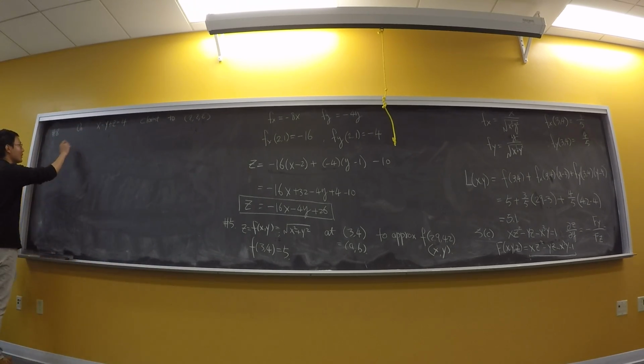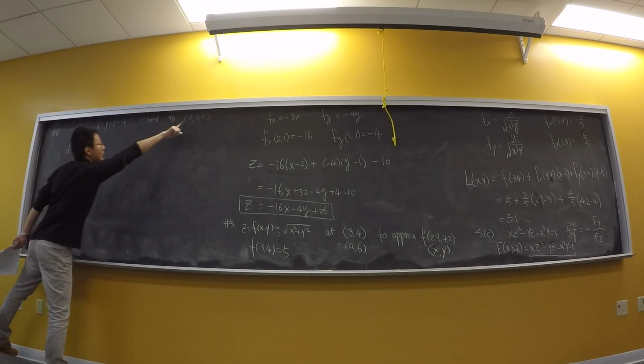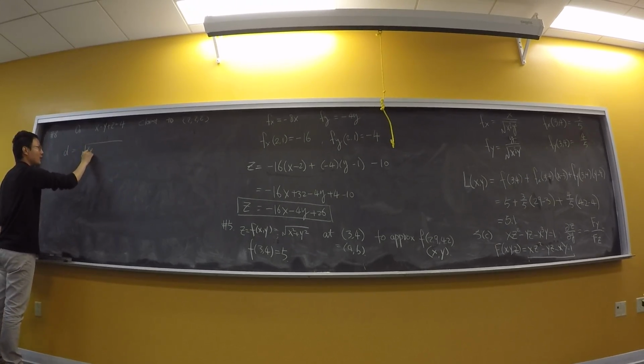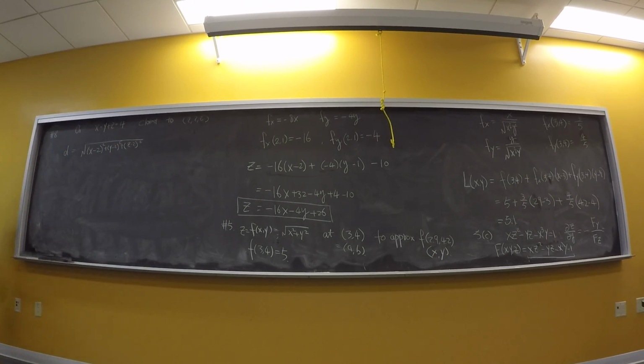So regardless, the distance between a point and this point 2, 2, 2 is going to be equal to the square root of (x minus 2) squared plus (y minus 2) squared plus (z minus 2) squared. Because when we're talking about the closest, we're talking about distance between points. So at least you have to give me this formula, okay?